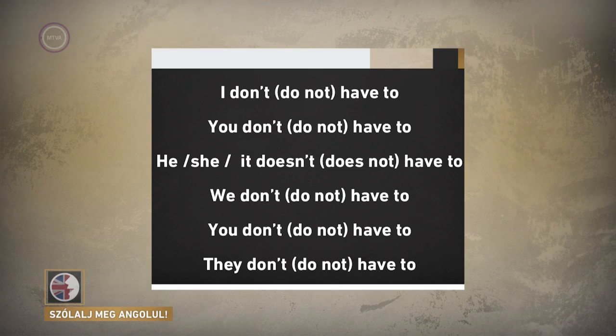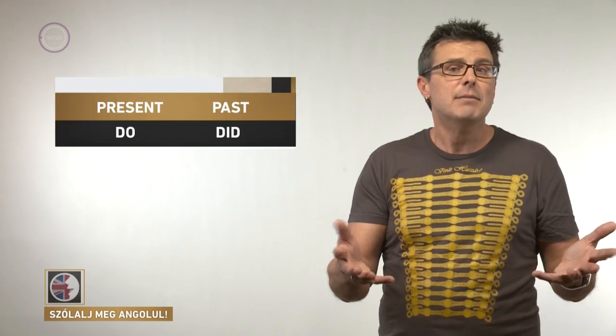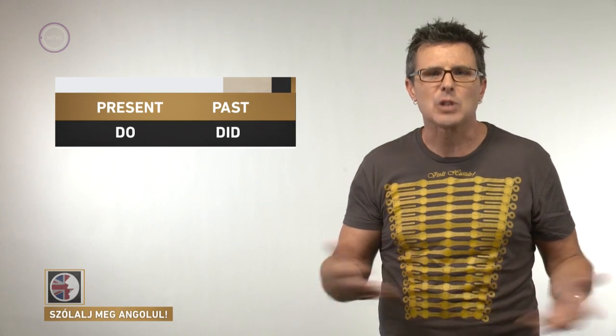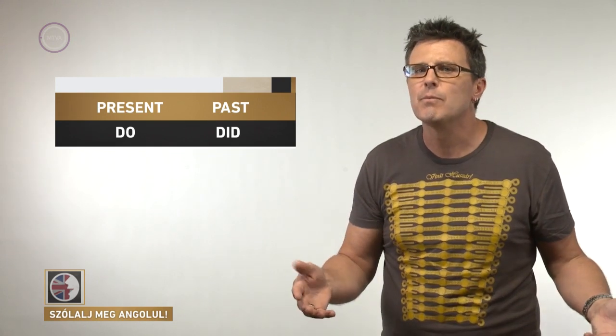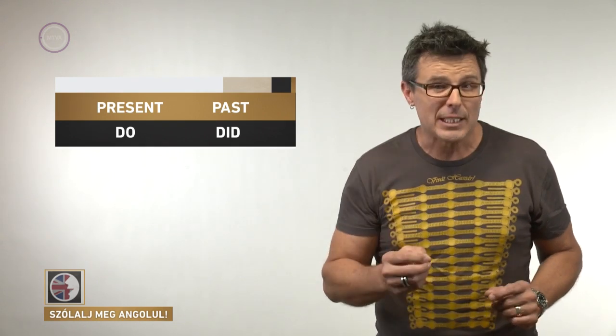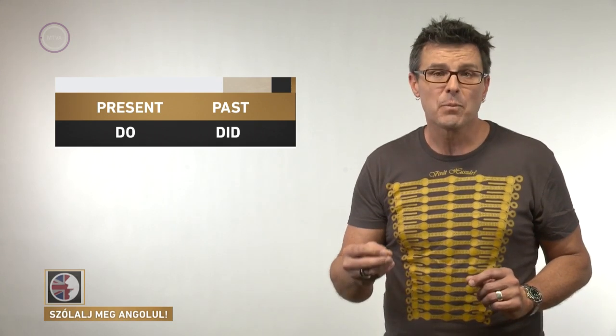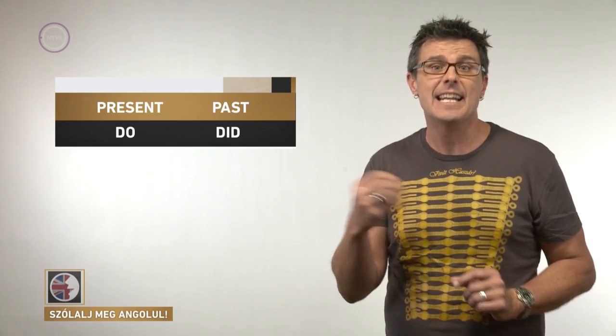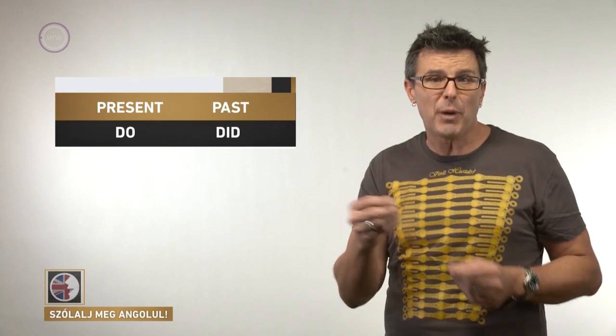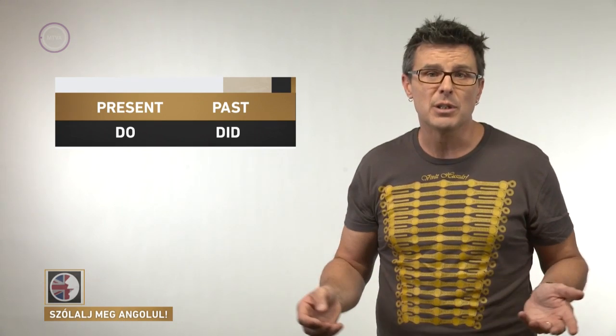Okay, simple. So, what do we do to move that form into the past? Well, what's the past tense of the verb to do? Did. That's right. So, what do we do? Yes, that's right. We use did, add not, and then add have to, followed by an infinitive without to.